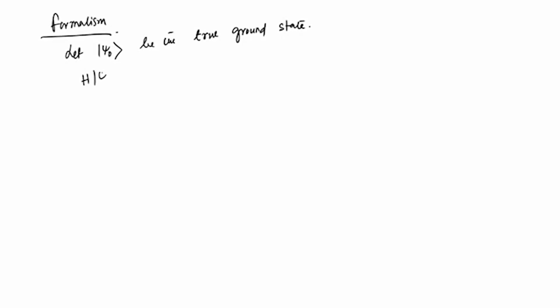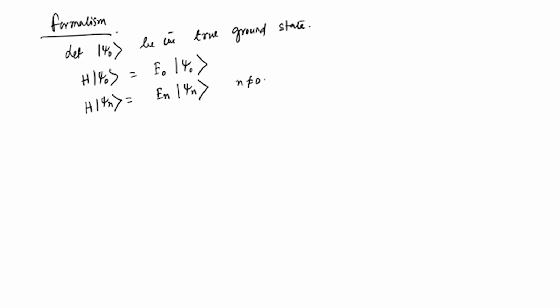So, H acting on psi 0 will give E 0, which is the ground state energy, and returns the same wave function. And it is also true that if you make it act on any of the excited states, which are these E n with n not equal to 0, this will give all the excited state energies.